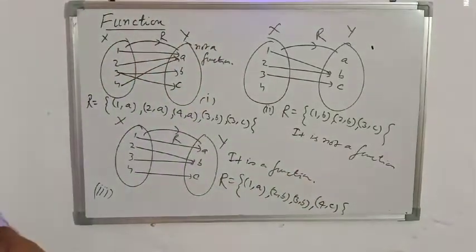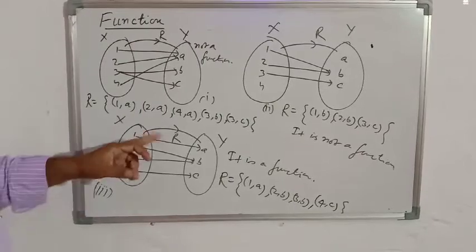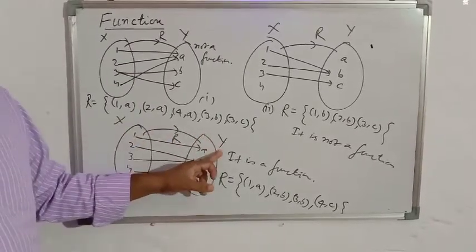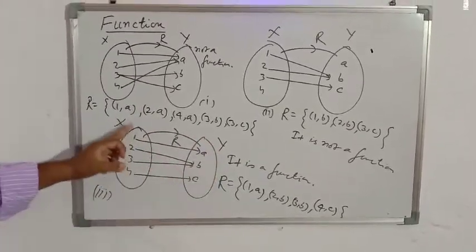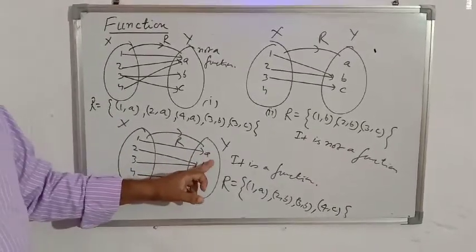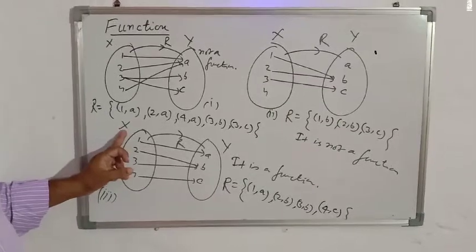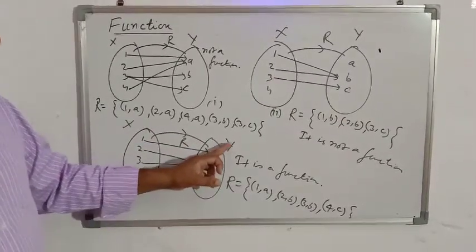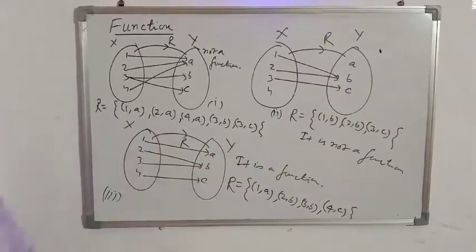So how will we define a function? If we take two non-empty sets X and Y, then for every element of X there is a unique element in the set Y, then it is called a function.